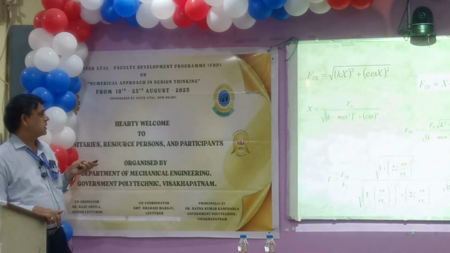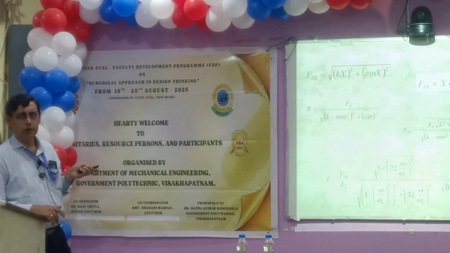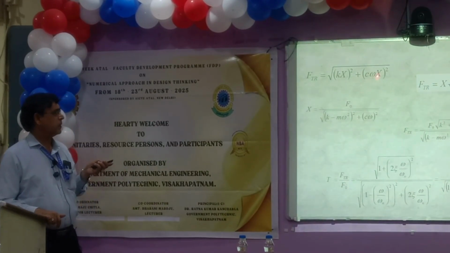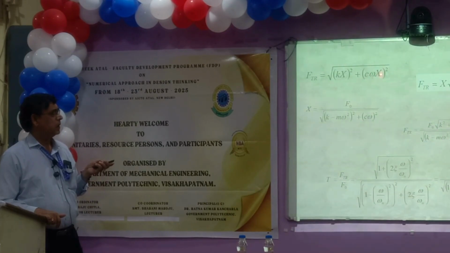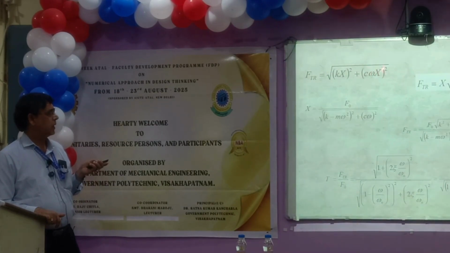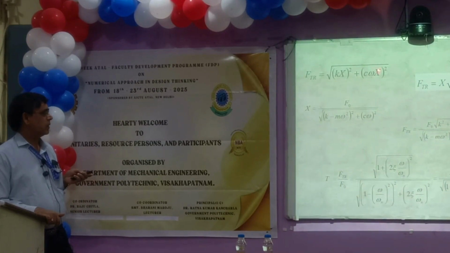So that force transmission, because it's passing through spring, is kx. You know, spring stiffness into displacement is force. Similarly, damping coefficient multiplied by x dot, that is C omega x, as we call it in case of sinusoidal vibration. So this becomes the transmitted force.